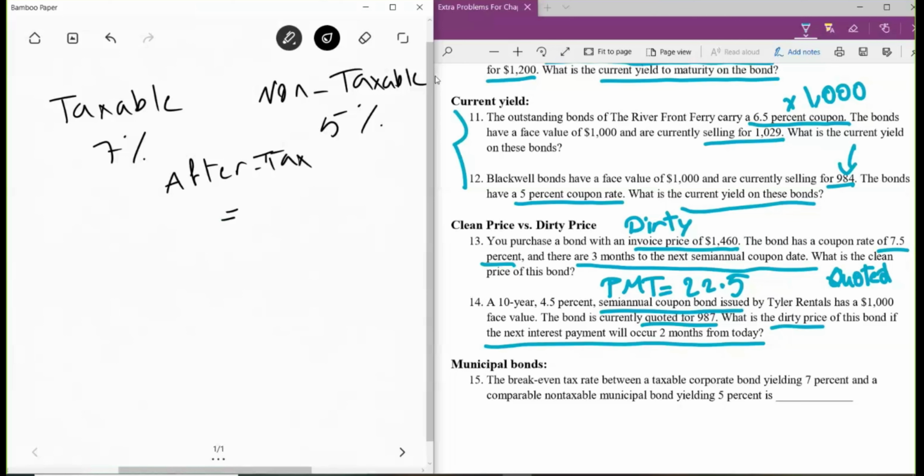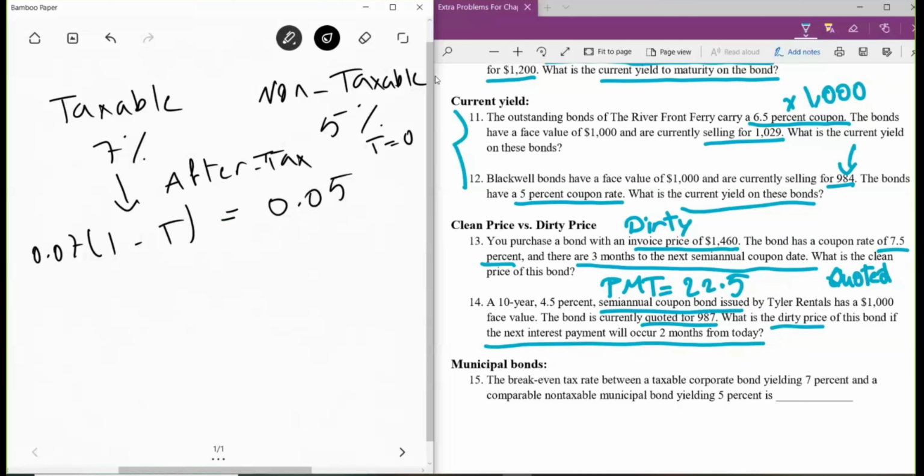Now, the taxable bond after tax is 7% times 1 minus T, the tax rate. The non-taxable bond will be equal to 0.05 because simply for that bond, T is equal to 0.